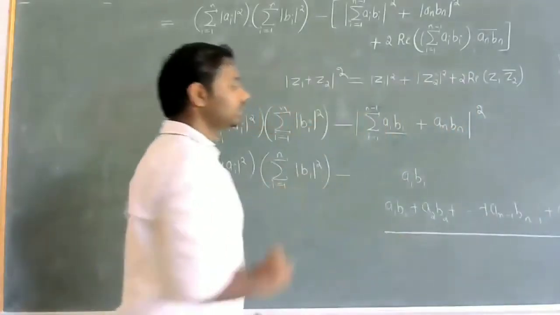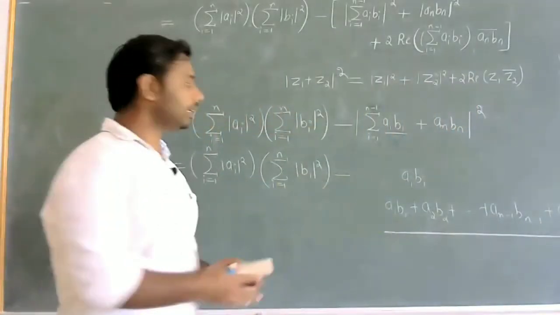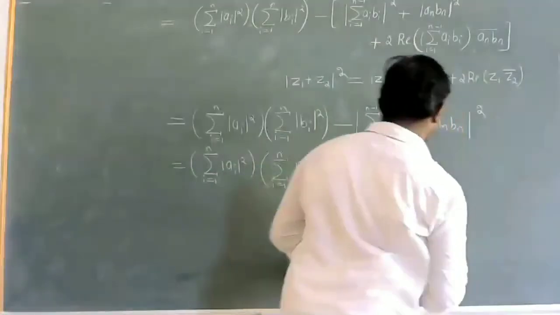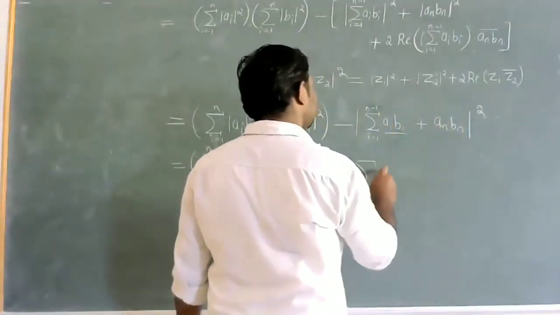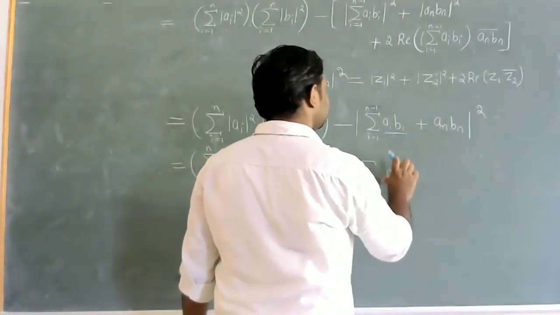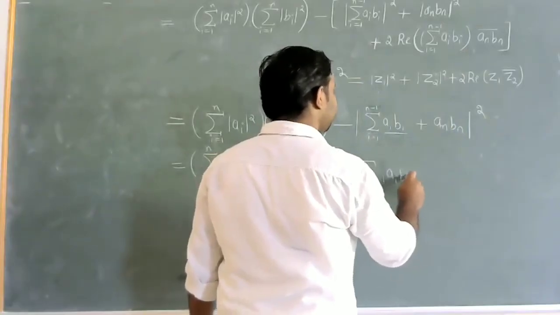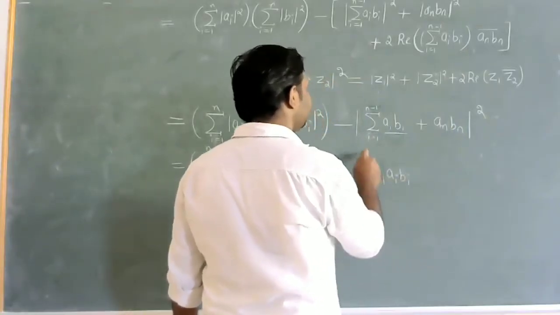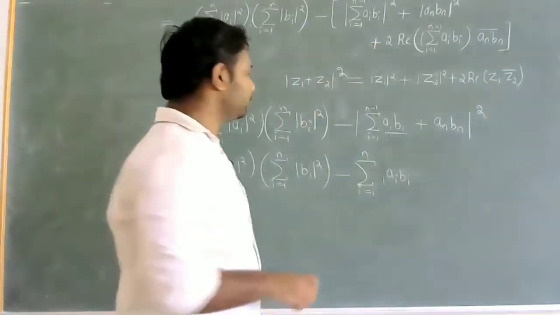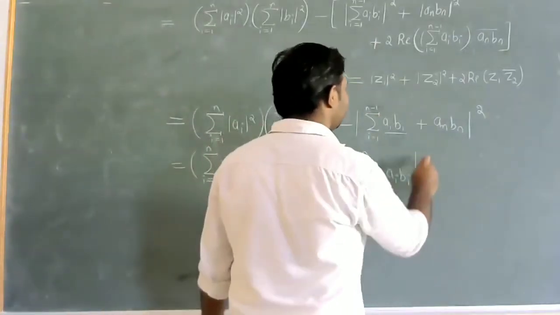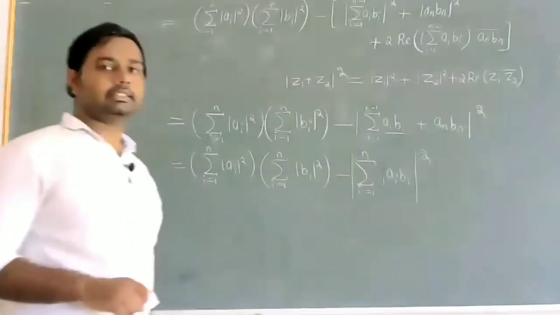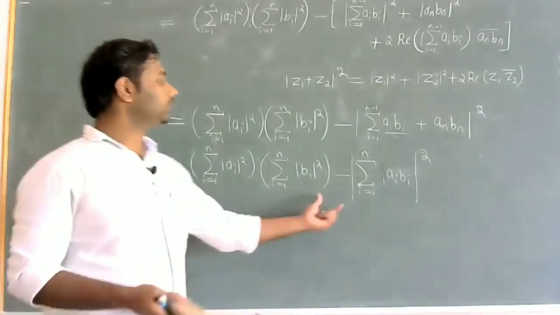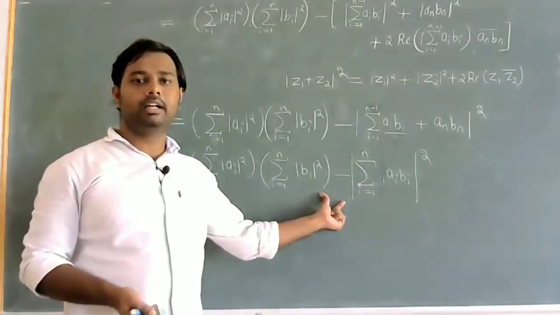So now this sum can be written as summation modulus of summation ai bi, i running from 1 to n. So modulus whole square as it is. And you can observe we got the desired terms in the right hand side.